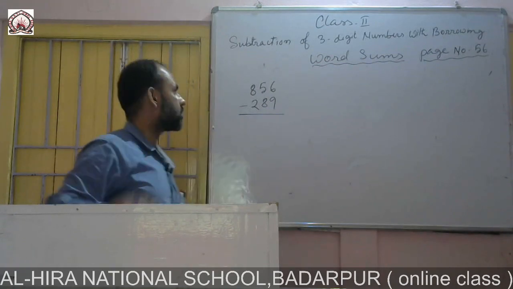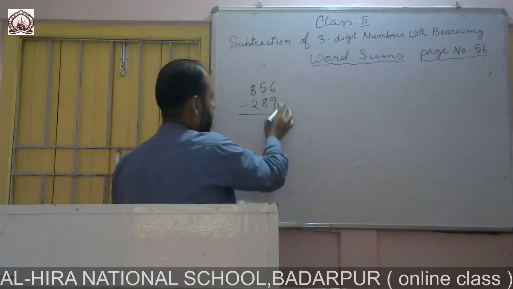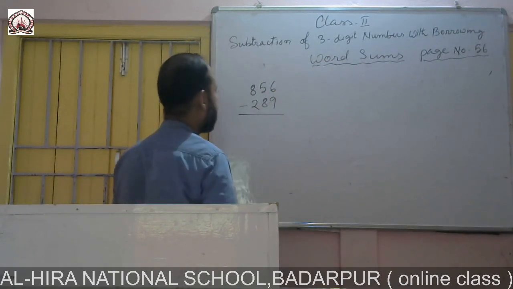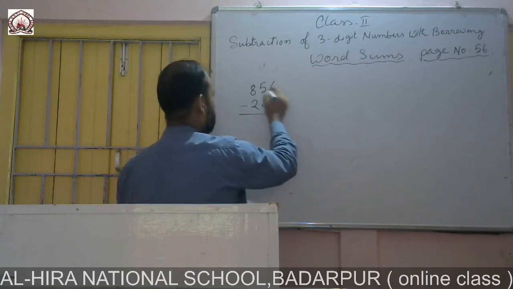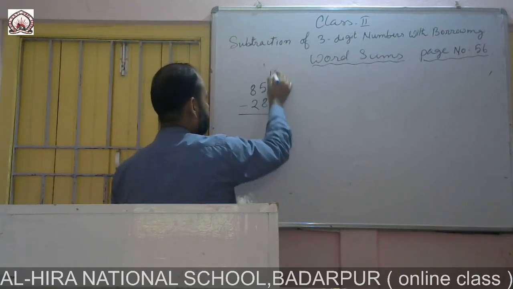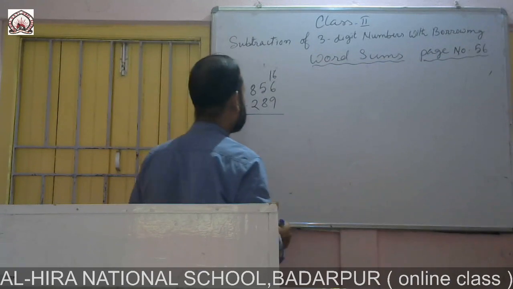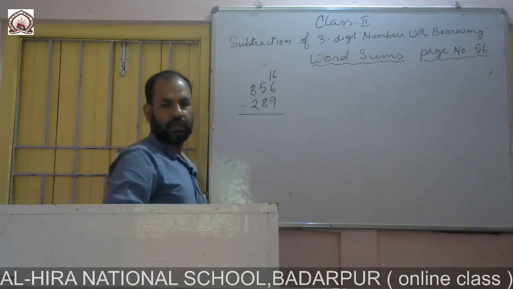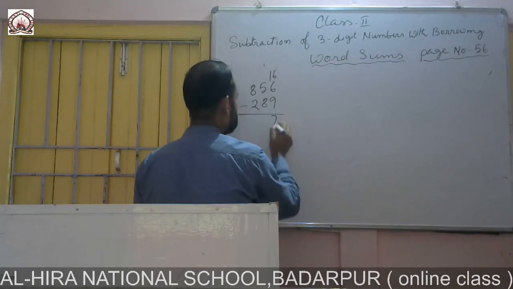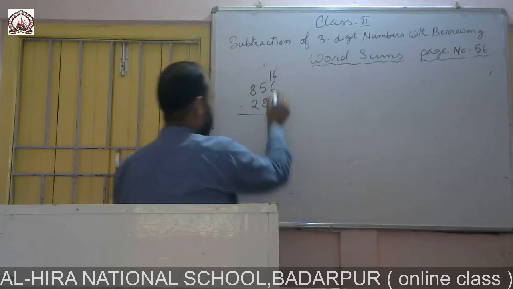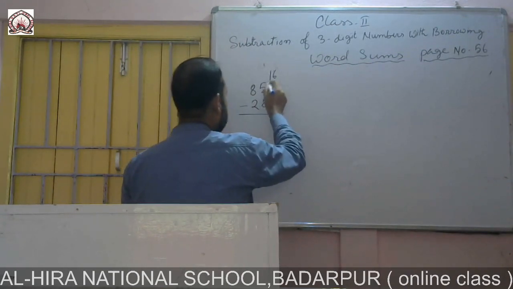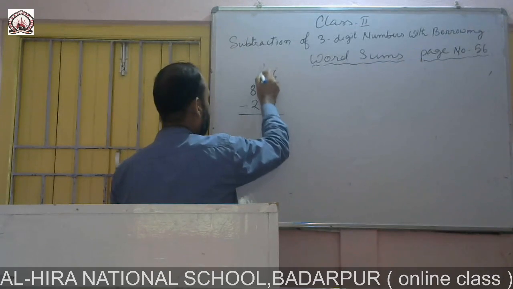So 6 minus 9, we can't, then borrow 1, then there is 16. 16 minus 9 is equal to 7. There remain 4.